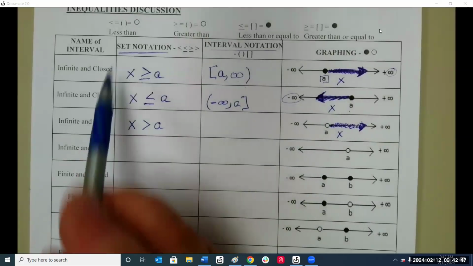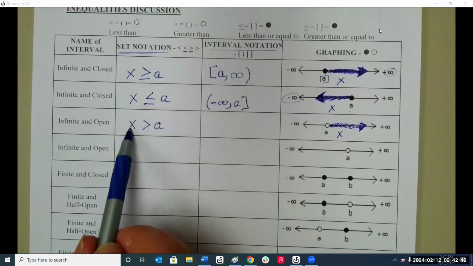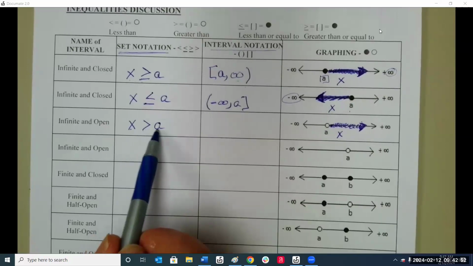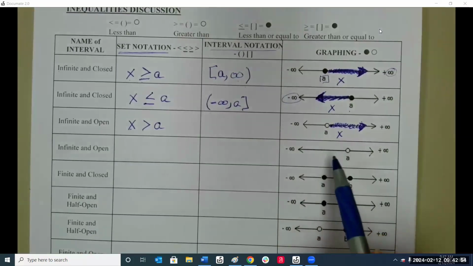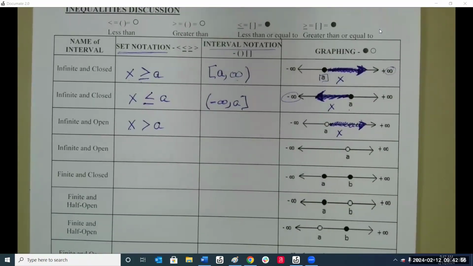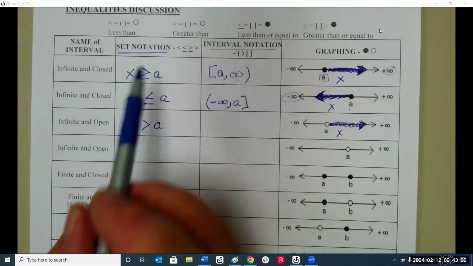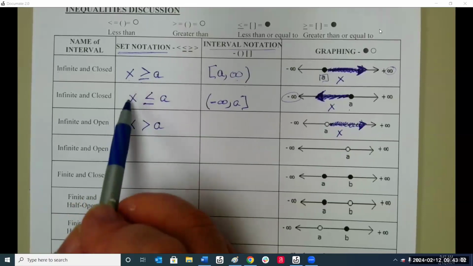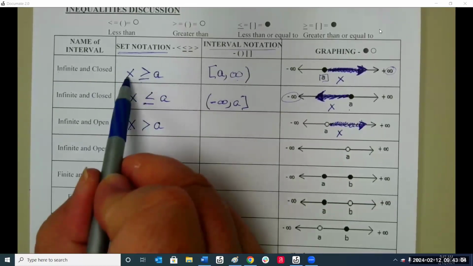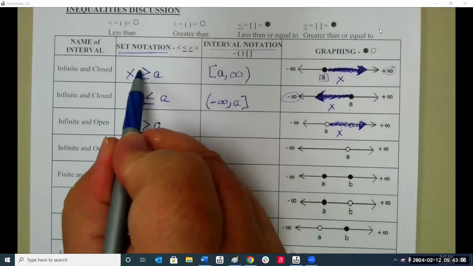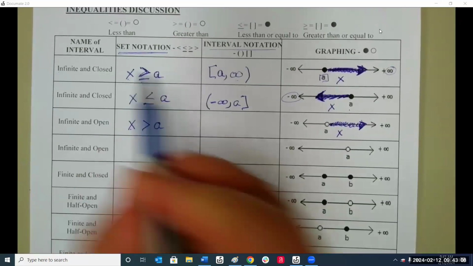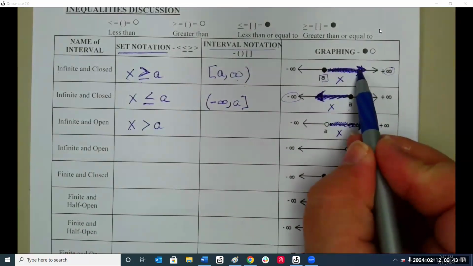And that's my set notation. I use all the x's that are greater than a. Another way you can look at those, which is one of the reasons why people like having x on the left-hand side, is because since x is on the left-hand side, the arrow is pointing the direction it's shading.